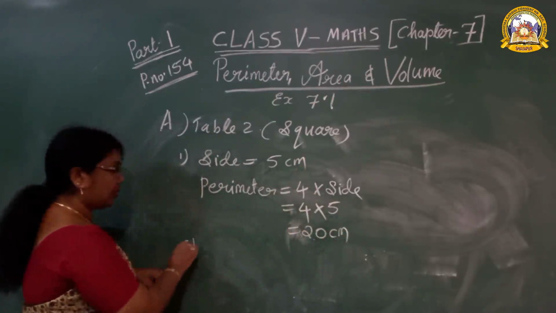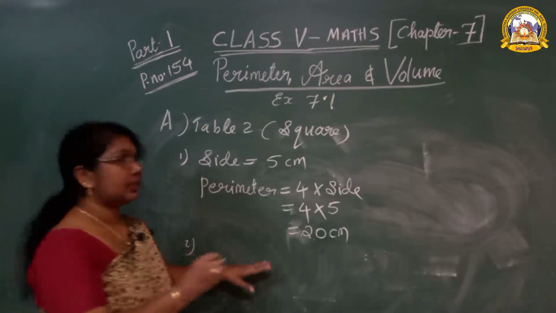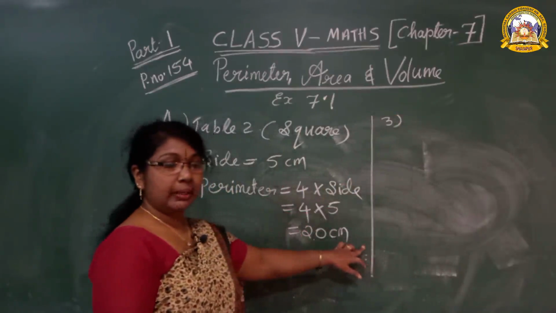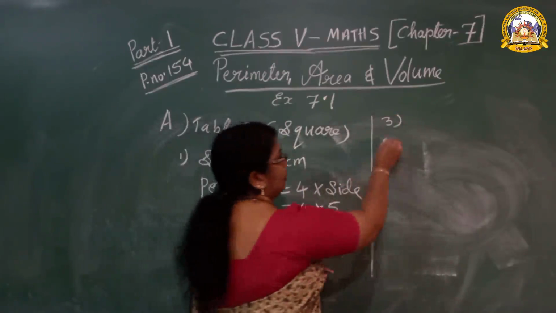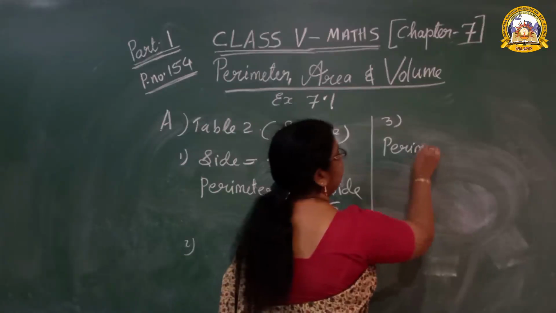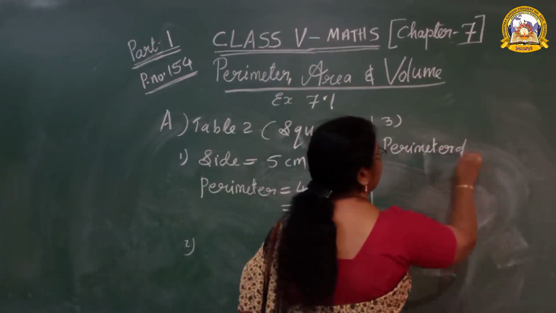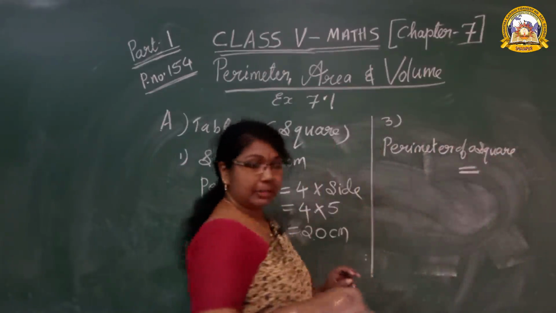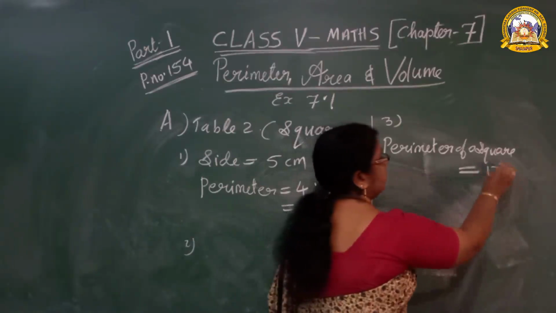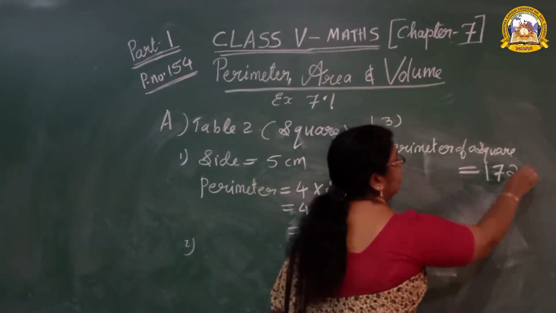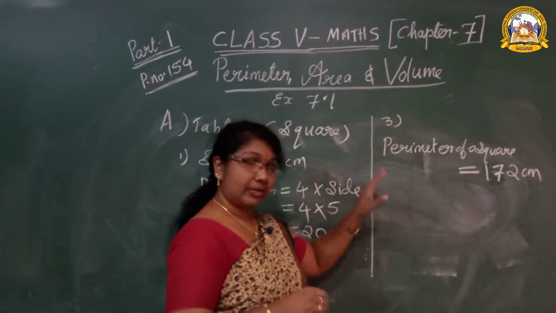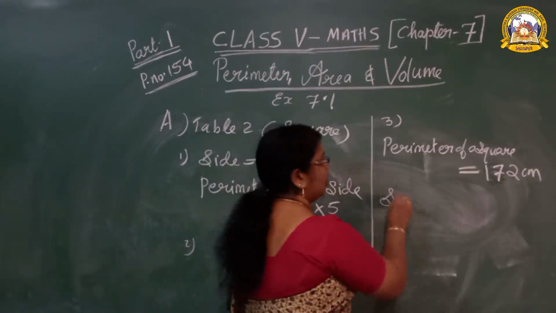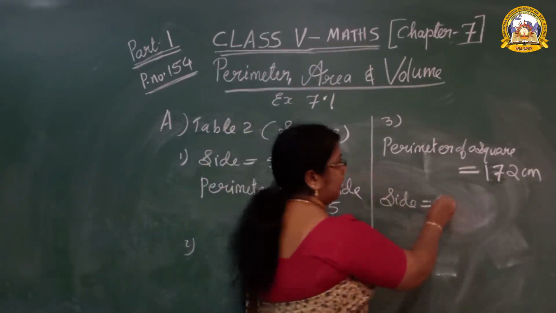The second one is the same, you have to solve it like this. Now the third one teacher will show you. Look at the third question. Third question, perimeter of square is given. What is the first step written? Perimeter of a square is equal to, what perimeter is given? 172 centimeter. What do we have to find out? We have to find out one side. What is the formula for finding the side?